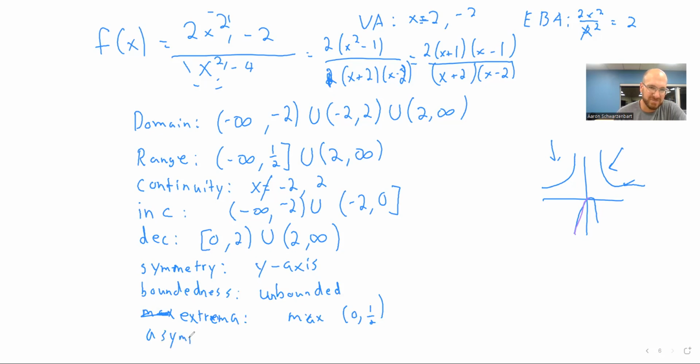It's been too long, I guess, since last year. Asymptotes are x equals -2, x equals 2 for the two vertical ones, y equals 2 as well. And then I have end behavior. And I need to write this in limit notation. And I'm going to try to spell behavior correctly.